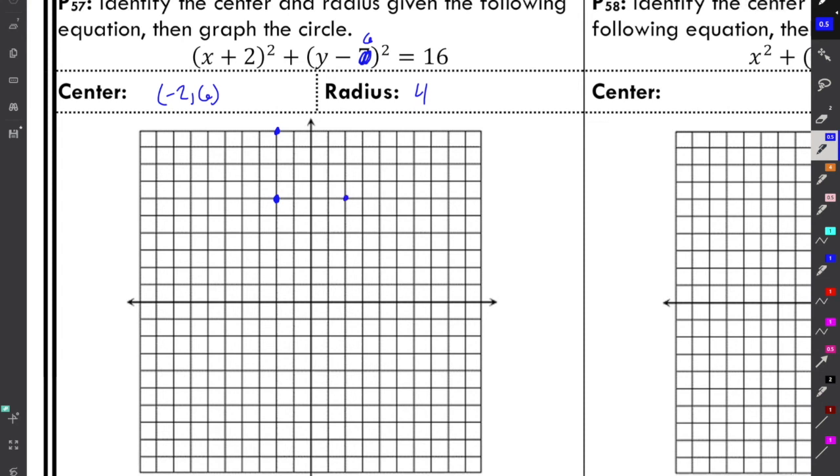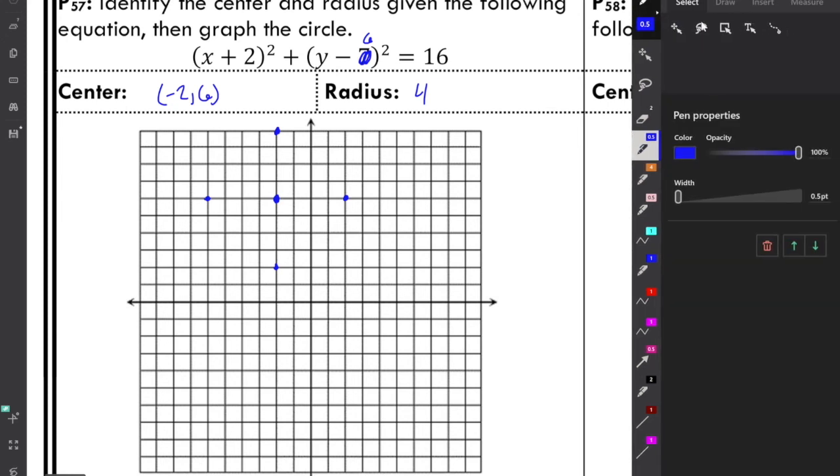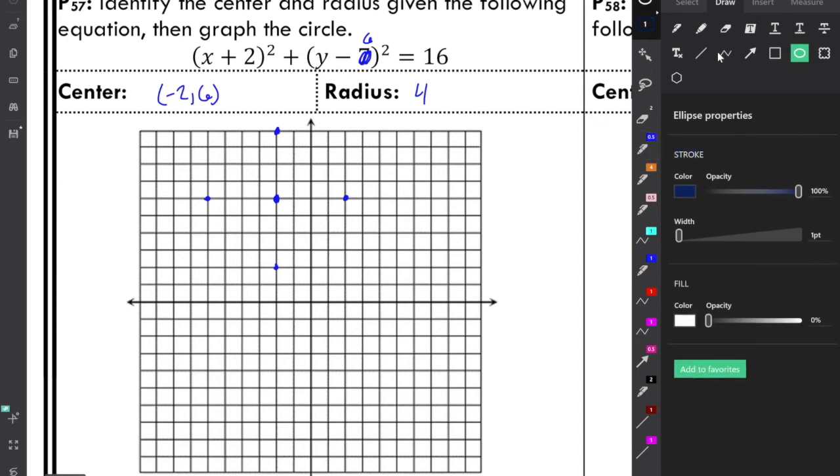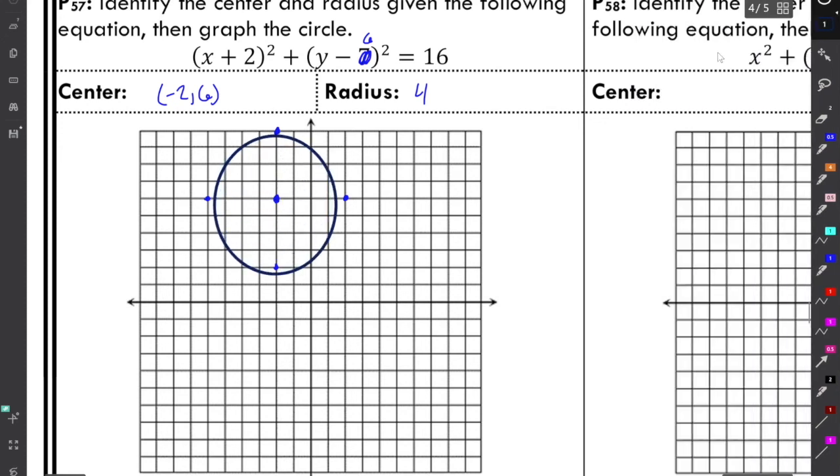Go down 4, point on my circle, and then to the left 4, it gives me a point on my circle. And I'm going to be real fancy here, and I'm going to use my little fancy thing that can draw perfect circles. Okay, so let's see if I can get it. Might have to fix it a little bit. That's okay.